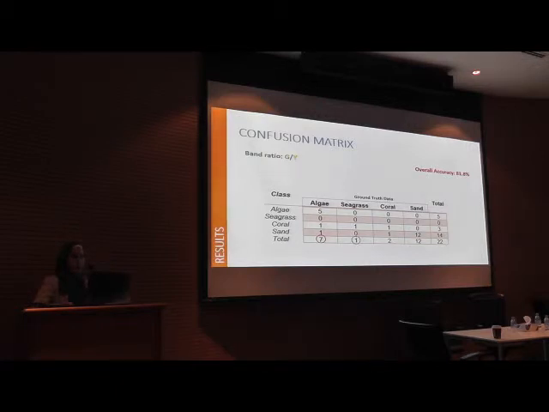There was only 1 ground truth region of interest for seagrass, but it was allocated to coral. There were 2 ground truth regions for coral, 1 was correctly allocated to coral, and 1 was confused with sand. There were 12 regions of interest for sand, and all of them were correctly allocated to sand.